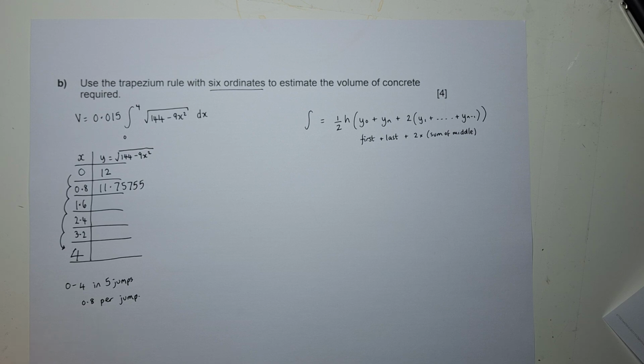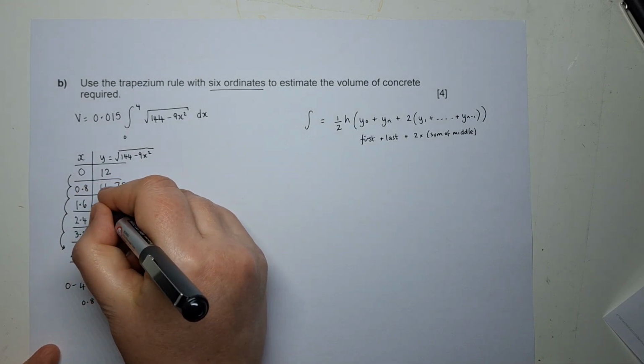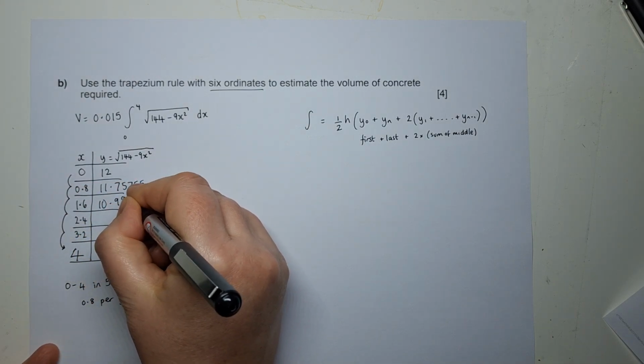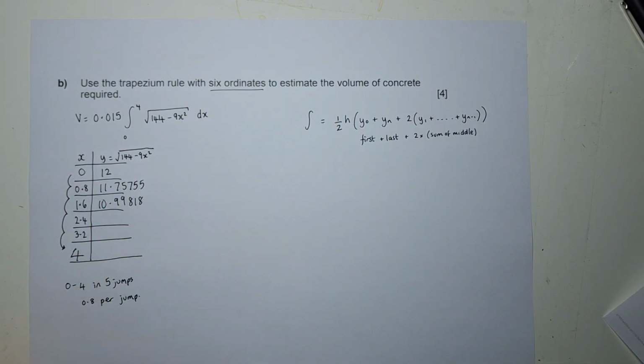Change your sum to x being 1.6. I'll just keep going with decimals. Okay, it is a bit tedious this, but that's what you've got to do. Okay, the next one's actually a nice number.